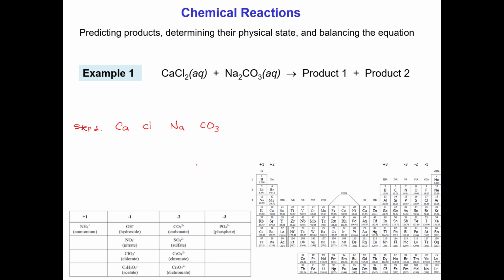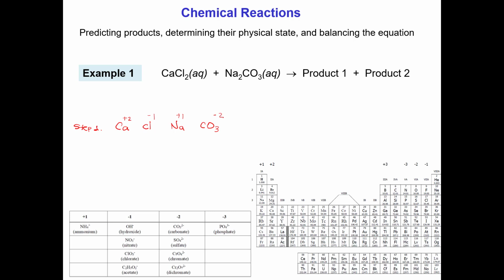In the case of calcium, calcium is in the second group, so calcium is positive 2. Chlorine is in the 7th group, and this is why it's negative 1. Sodium is in the first group, and this is why sodium is positive 1. And carbonate is a polyatomic ion, and the charge is negative 2.